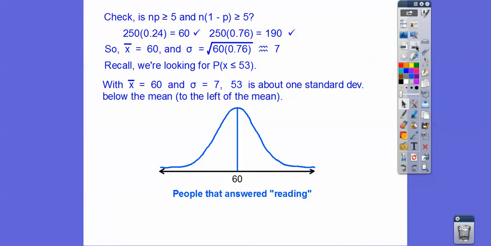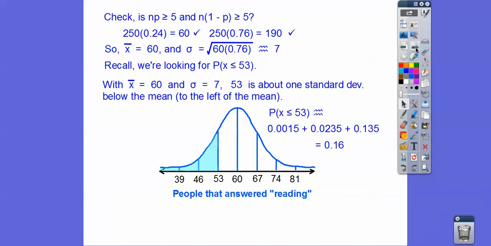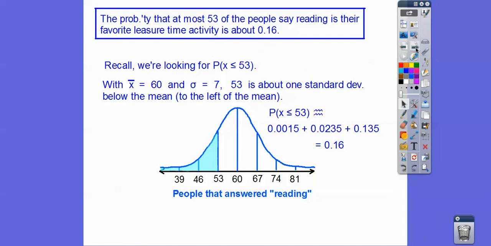There's our mean, our 1 standard deviation, 2 standard deviations, 3 standard deviations. We want less than or equal to 53, so we want these 3 areas. Do you remember these percentages? This is 13.5%, this is 2.35%, and this is 0.15%. If we add all those up, it's going to be about 0.16. So the probability that at most 53 of the people say that reading is their favorite leisure time activity is about 0.16, or 16%.